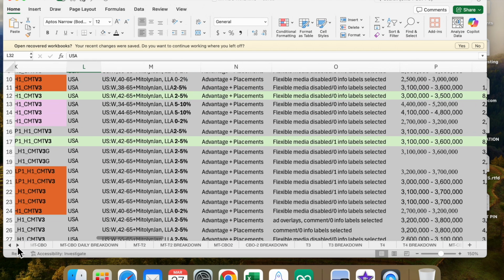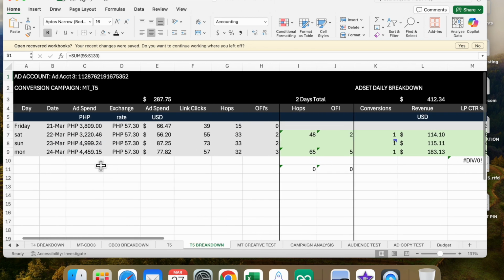So that's why when you see here, for example, in this latest campaign, I am getting sales every day. So this one is March 21, I started this campaign. I have no sale. March 22, I got one conversion here, okay?